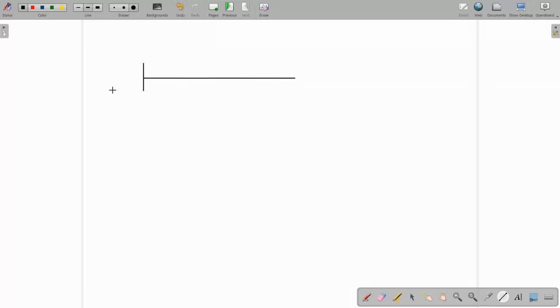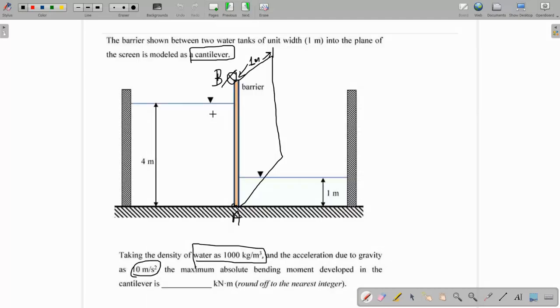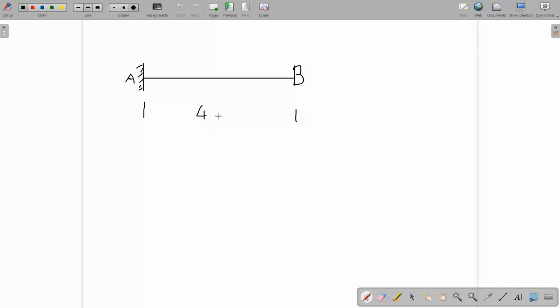This is the barrier, this is point A, and this is a fixed end. Here this is point B, and the total length is 4 meter or more than 4 meter, we are assuming, because this barrier is quite large. So 4 meter plus x meter, total length it is given.